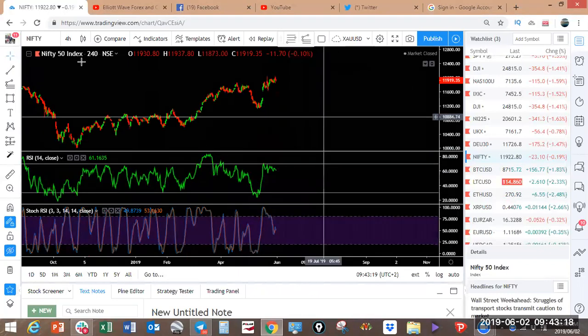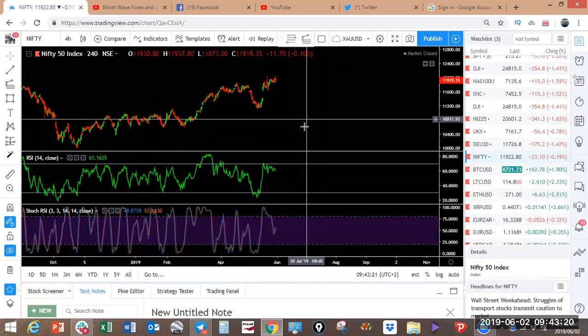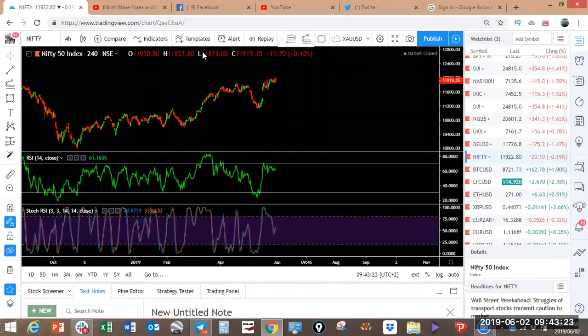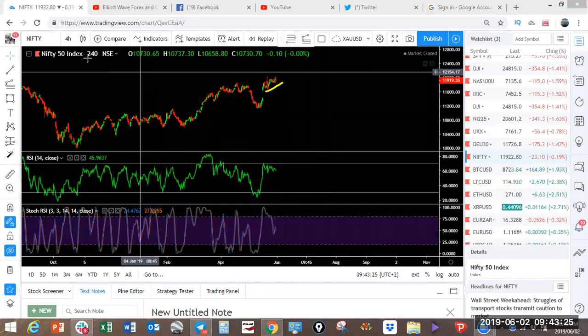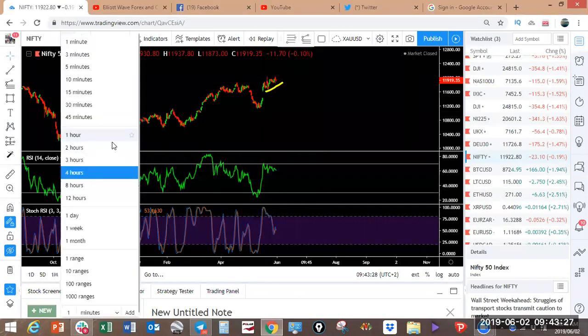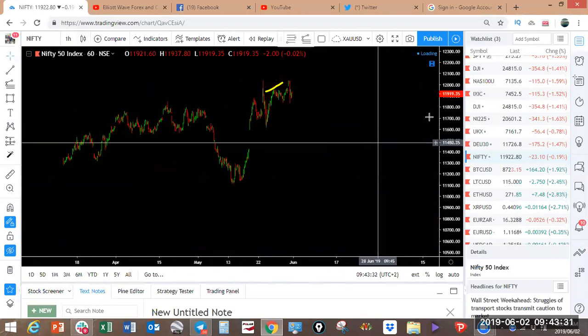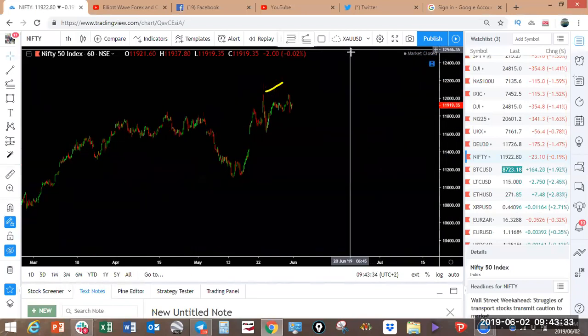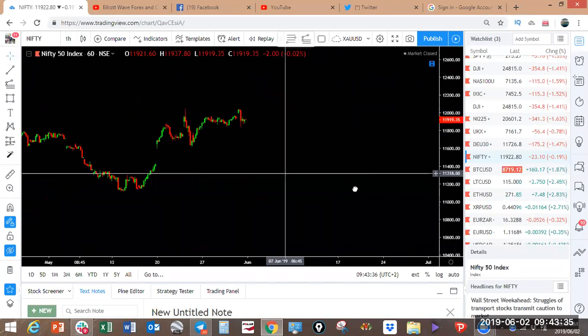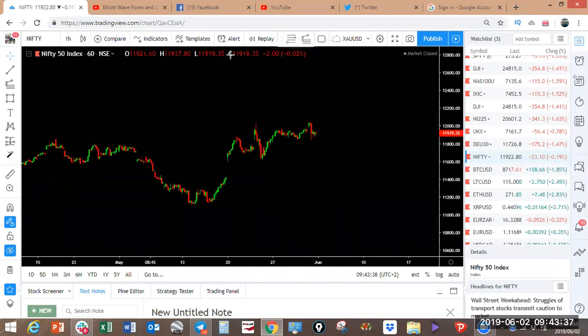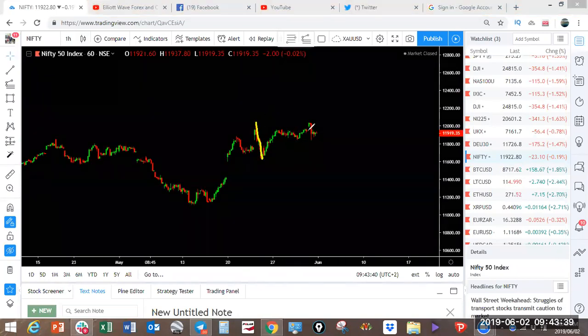Let's have a look here on the 4 hour. Not really divergence there. Let's look at the 1 hour. Look at that immediate structure there at the top, see what's going on there. So Nifty short term, you should be looking for a little bit of downside from here.